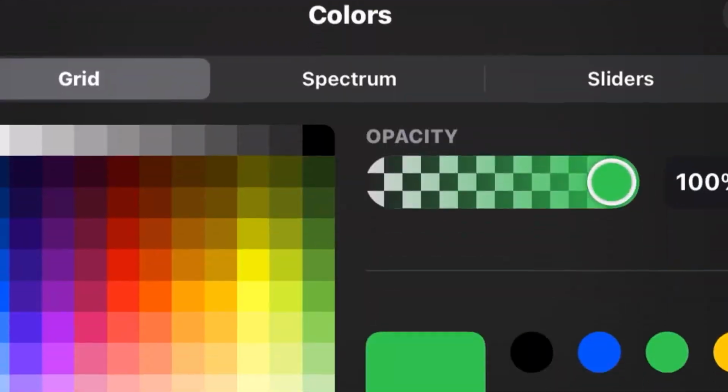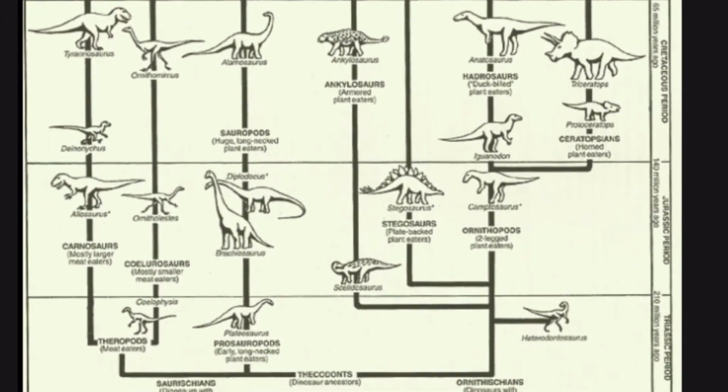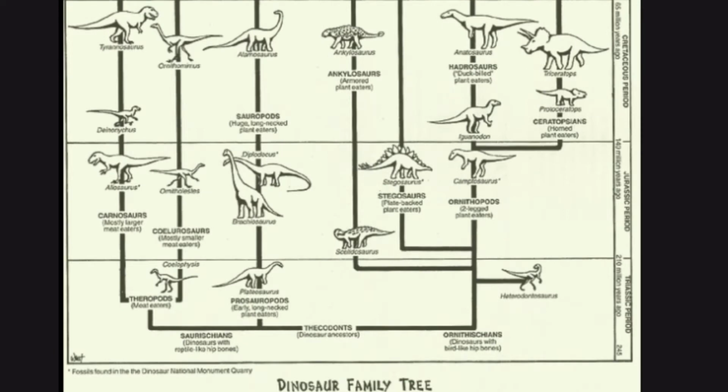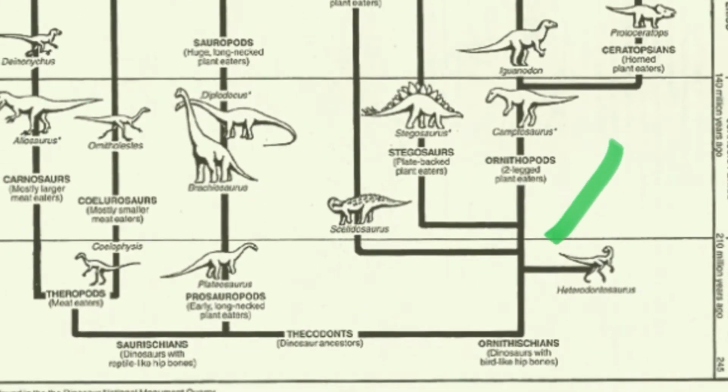Okay, so hello people. So today we're going to be learning about the dinosaur family tree. So right here, that's like the beginning of it. That's like some Euparkeria and stuff.